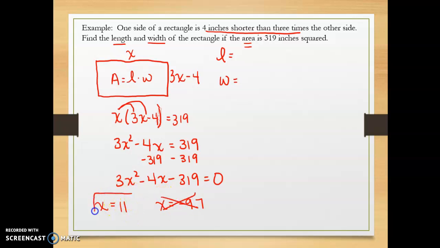So we know that one side of it has to be 11, and the other one is 3 times 11, 33, minus 4, which is 29. So the sides are 29 inches and 11 inches.